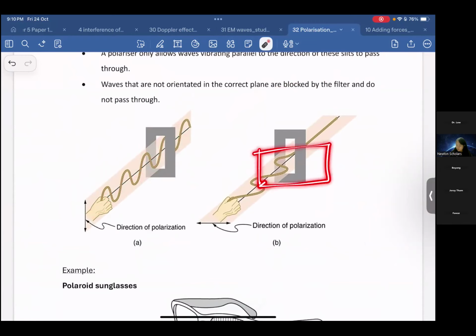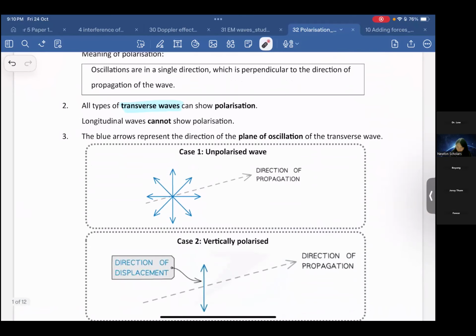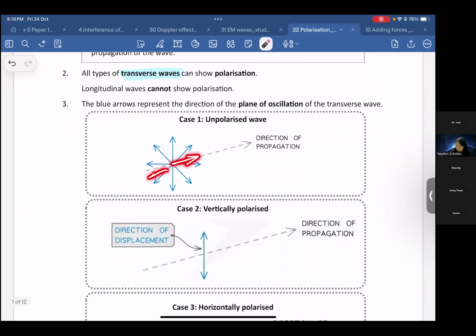If you use the horizontal one, it still passes through, forward, backward, forward, backward. So longitudinal waves cannot show polarization because there is nothing to block them.